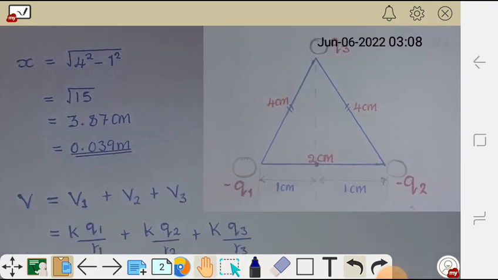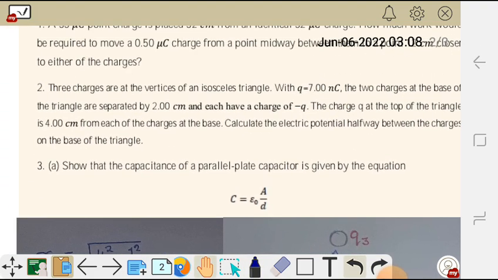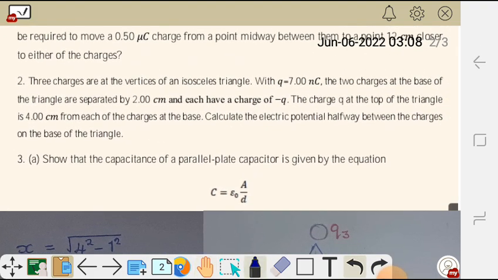We have these charges on the vertices of an isosceles triangle. After drawing your diagram, find the distances from the charges to the point of interest. They are asking us to calculate the electric potential between the charges on the base of the triangle.